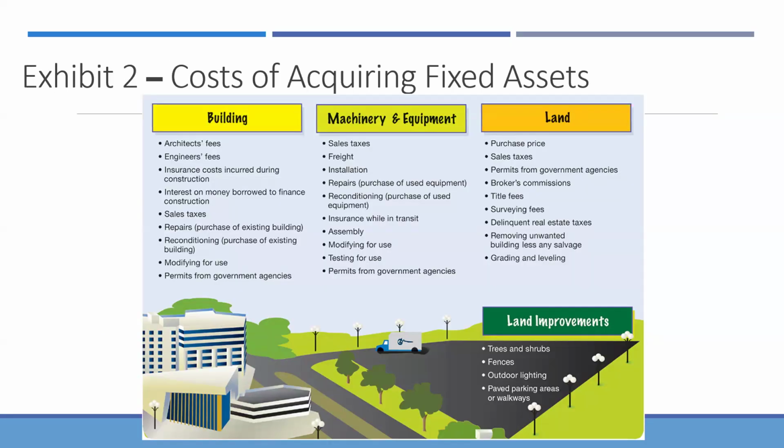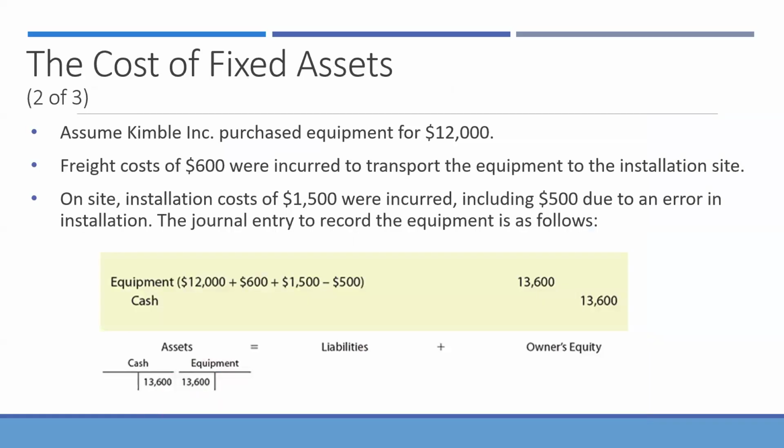Because I know there's a lot of different categories, and it'll come up kind of like this, where it'll say freight costs were, the equipment was 12,000, the freight cost was 600, the installation was 1,500.